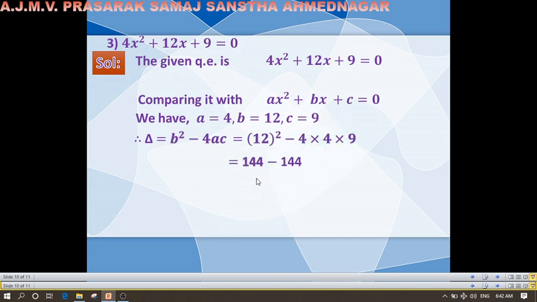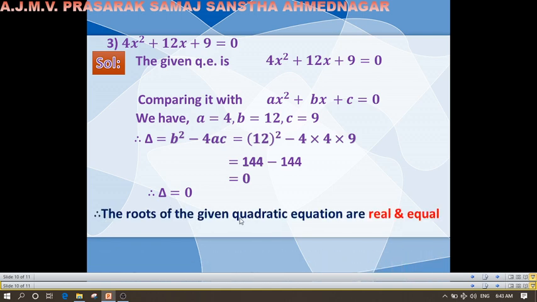So 144 minus 144 is equal to 0. Therefore, the value of the discriminant delta is equal to 0. Therefore, the roots of the given quadratic equation are real and equal.